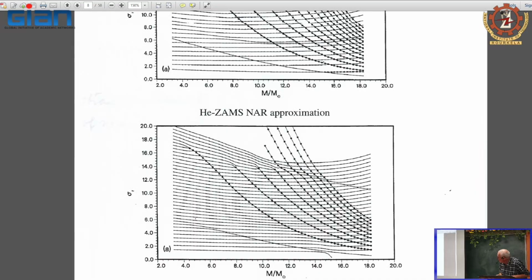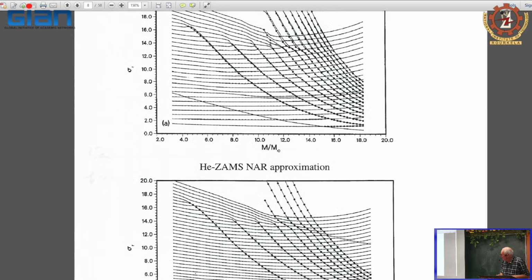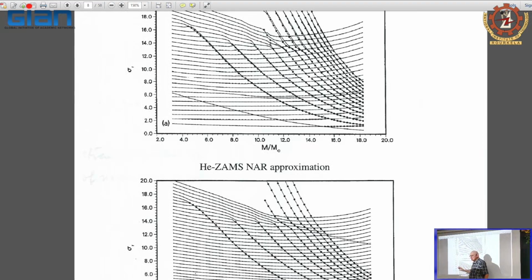You have to look very carefully to see any difference. The thick dots denote an unstable mode, because in the NAR approximation we always have complex conjugate pairs.